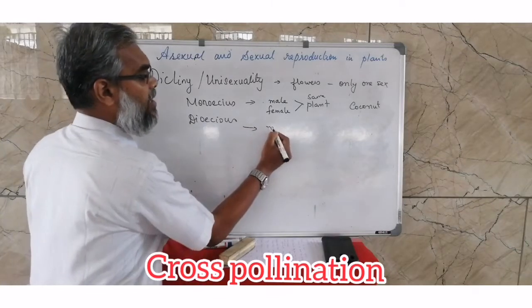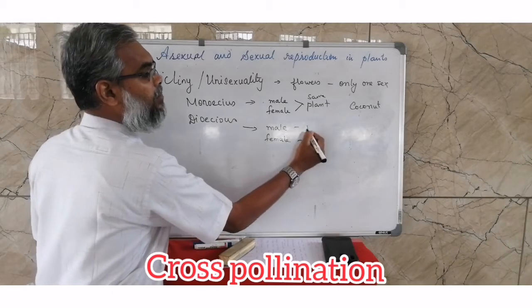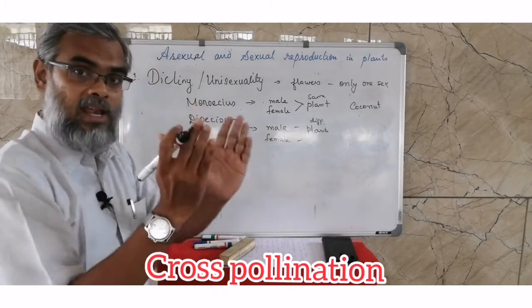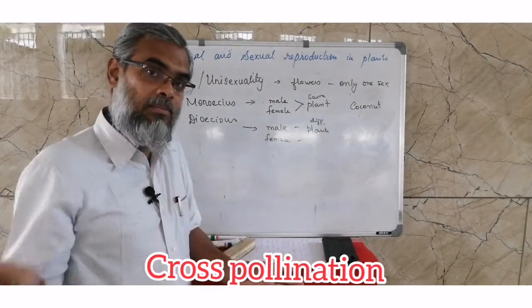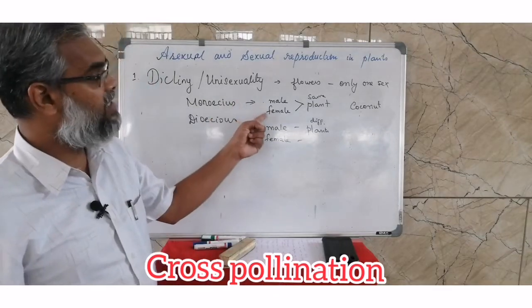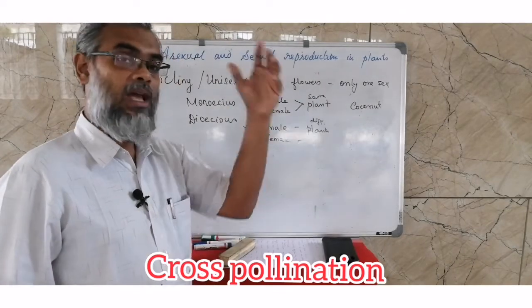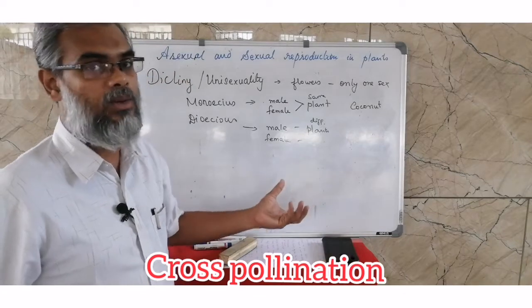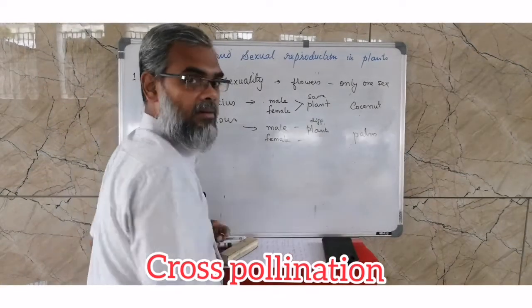Dioecious means male flower and female flower will be in different plants. So a male plant bears the male flowers, and some other plant will bear the female flowers. Here we discussed that in the same plant, male and female flowers will be present. Here, the male flower will be in one plant, and the female flower in another plant. Examples are date palm or papaya.